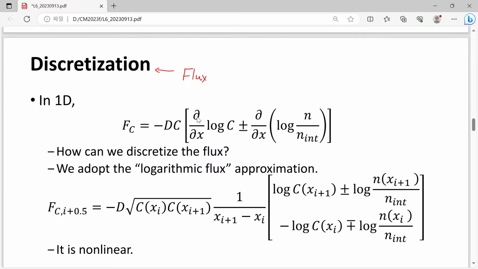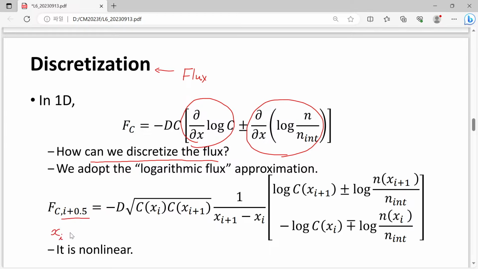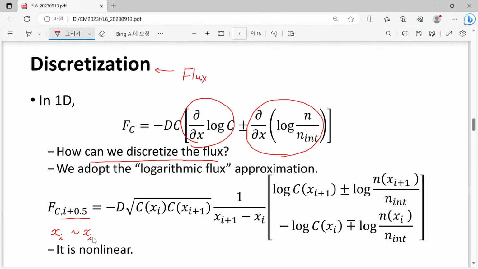Now we ask this question: how can we discretize the flux? Discretize here means how can you treat this derivative and this derivative term? It is not that difficult. Let's say we are considering the flux between xi and xi plus 1.